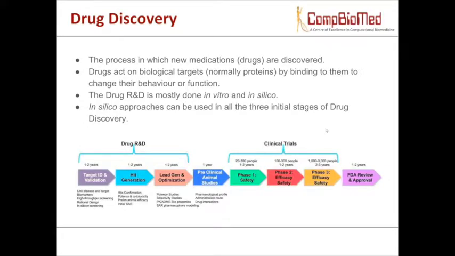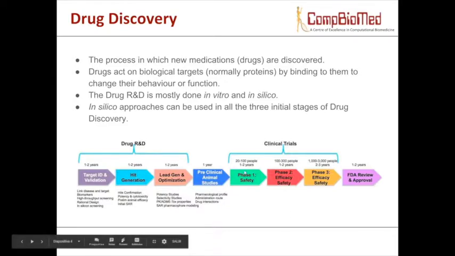Okay, so we'll first start with drug discovery. The drug discovery pipeline is the process required to release a new functional drug. It's mainly based on two stages. The first stage is drug research and development, where you do research in order to find the appropriate molecule to treat a certain disease.